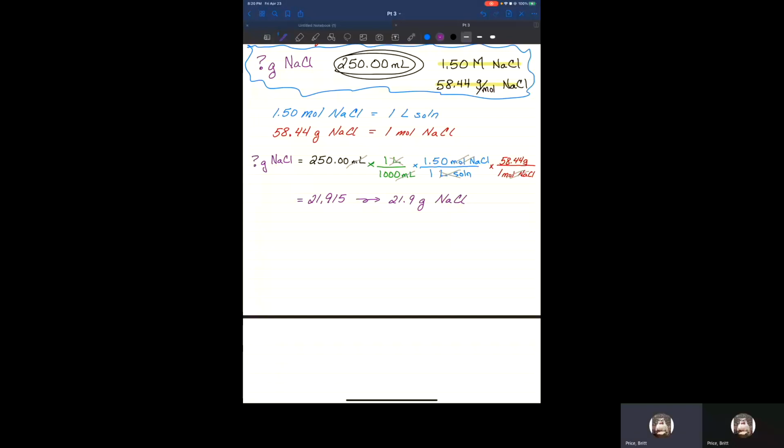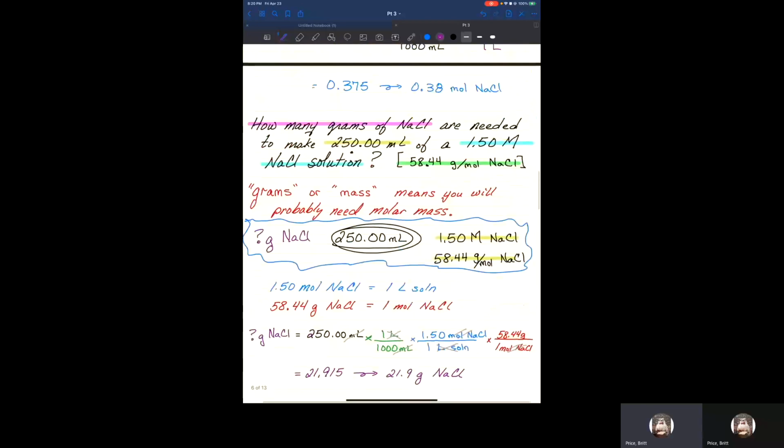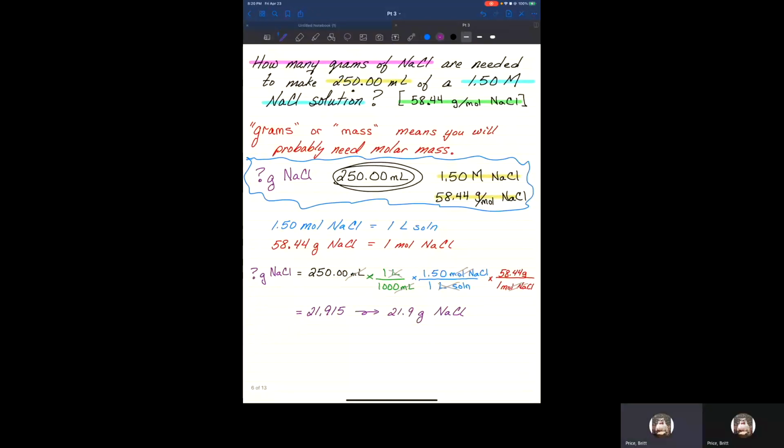There are certainly other types of questions that could be asked. If you notice the question that we just did, it was how many grams of a particular solid are needed to make this volume.